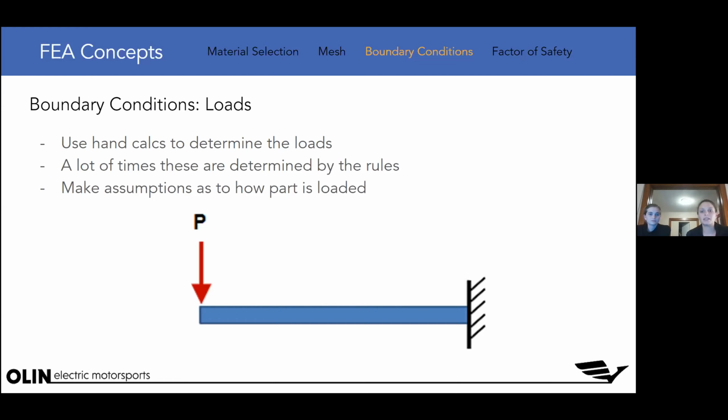You want to make assumptions on how your part is loaded for any given scenario. There's going to be an almost infinite number of load cases that your part could potentially see, but you want to make an assumption like in this image, that there's one force. This is the most likely force we're going to see at the end of the beam.